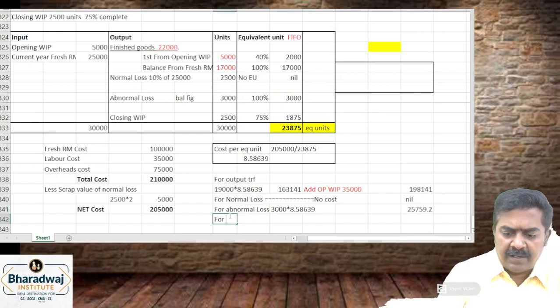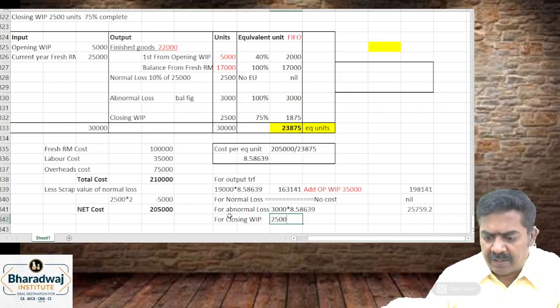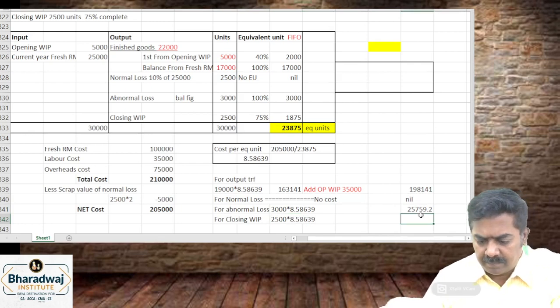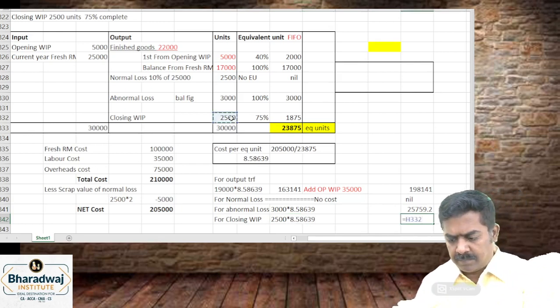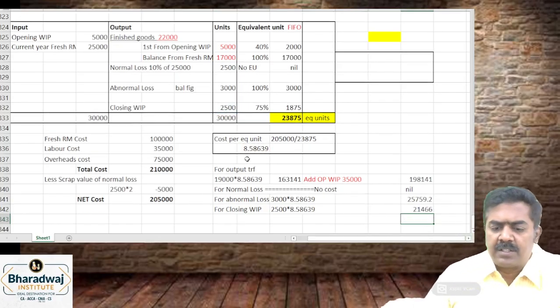For closing WIP, 2,500 equivalent units into 8.58639. This is how the cost is assigned.